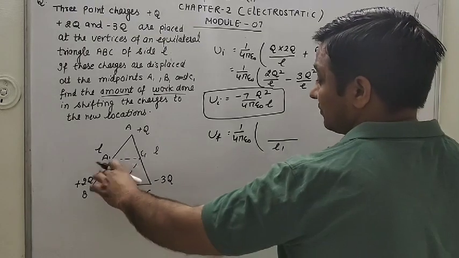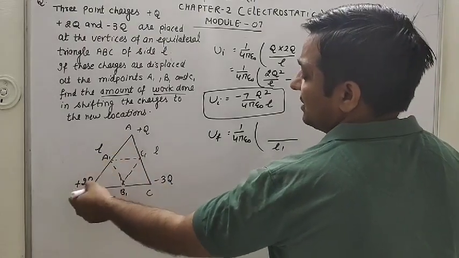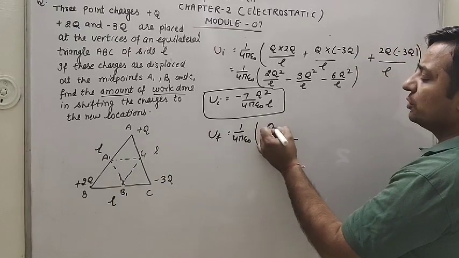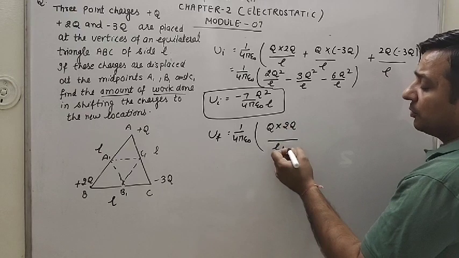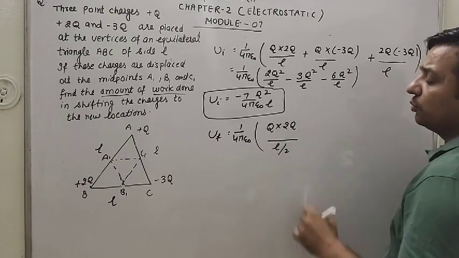Now here is charge q and here charge 2q, so that is q into 2q upon L by 2.